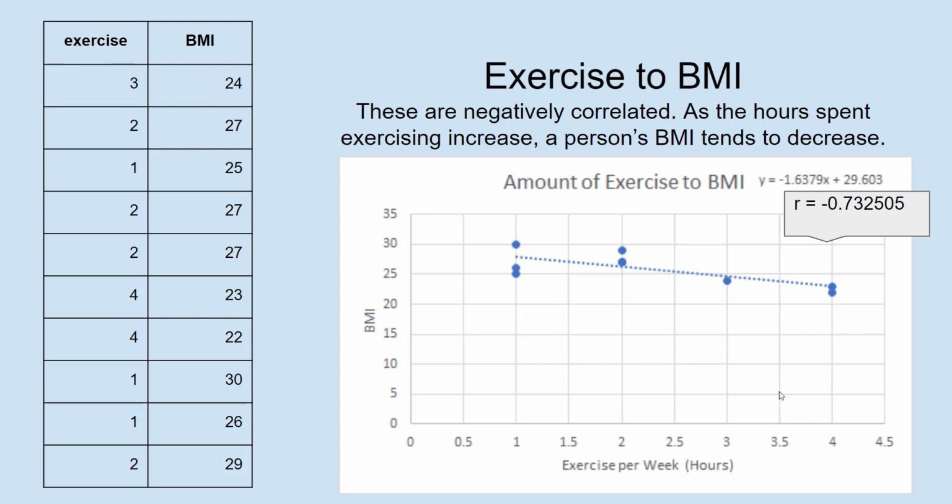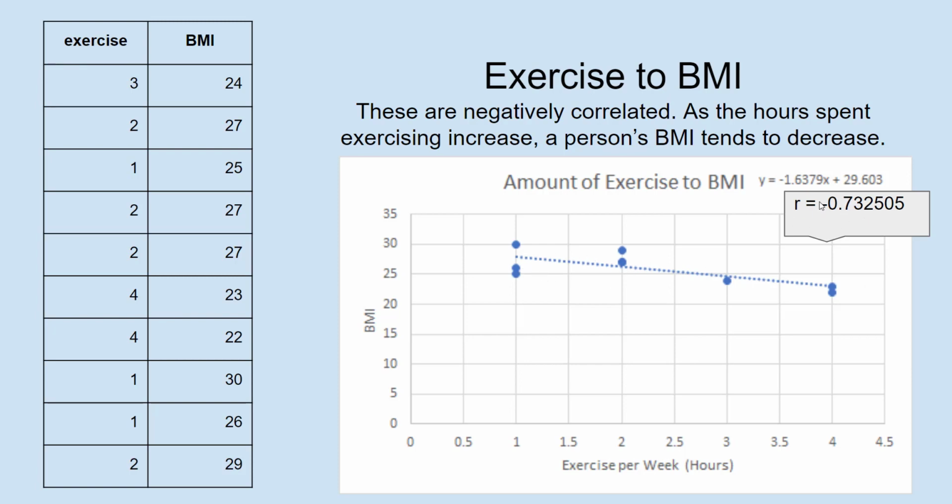When we graph this data, we do see an overall trend that suggests that as a person exercises more per week, their BMI tends to decrease. You'll also see in software such as Excel, which was what this graph was made in, we can plot an actual trend line here, and we see that we have a negative correlation.